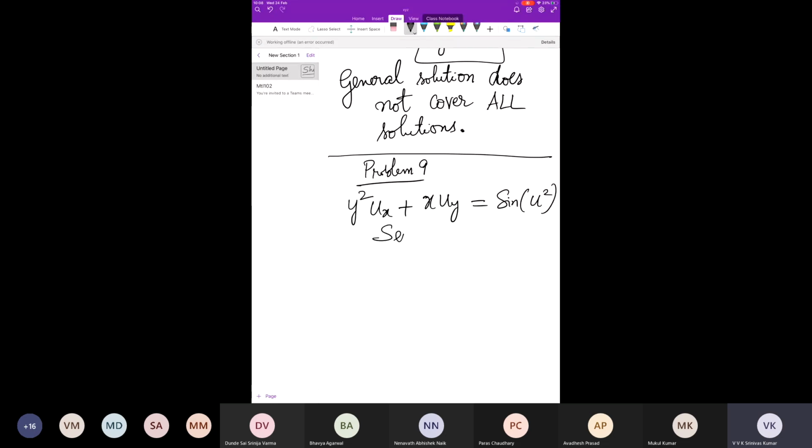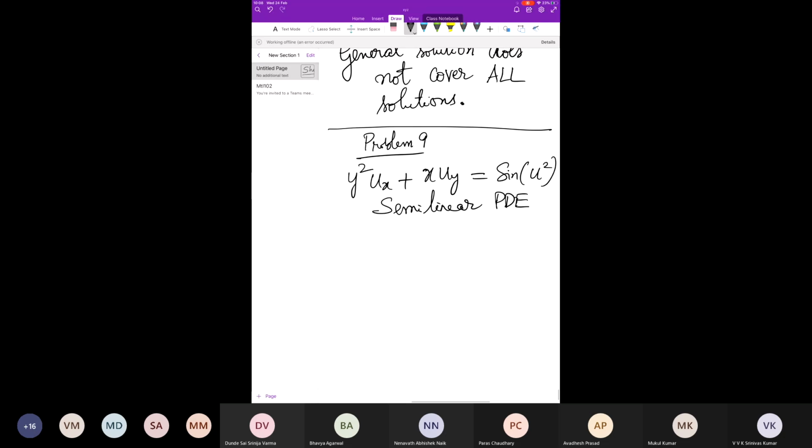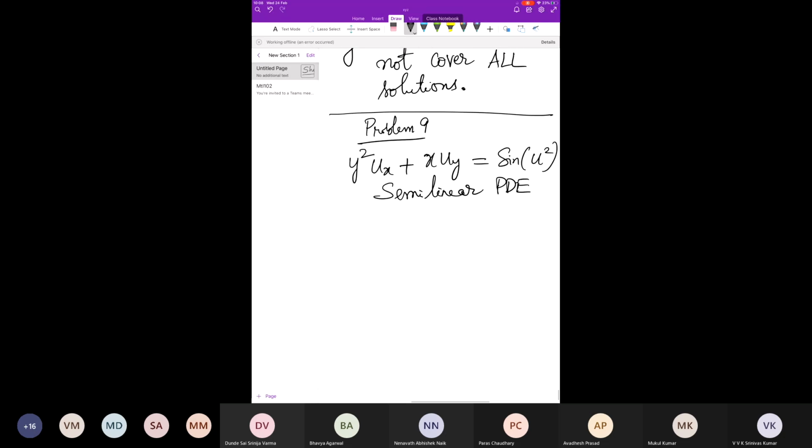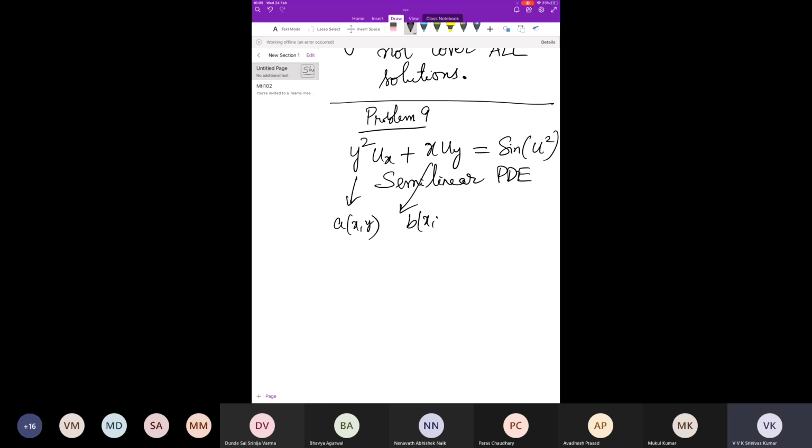This is an example of a semi-linear PDE, with coefficients functions of x, y, not functions of u.